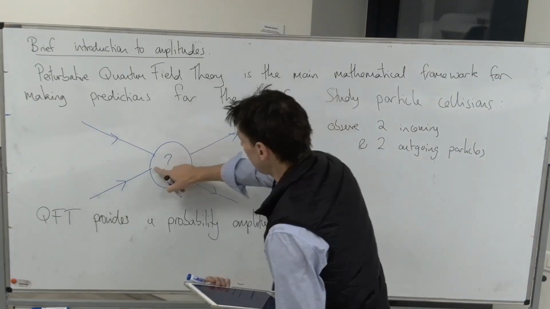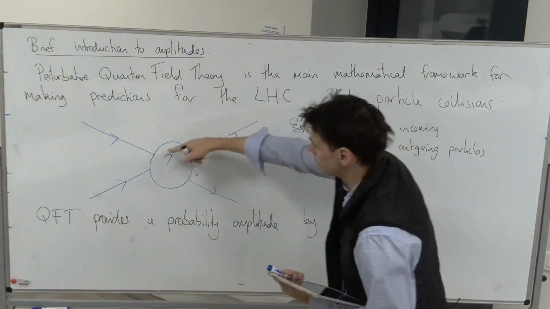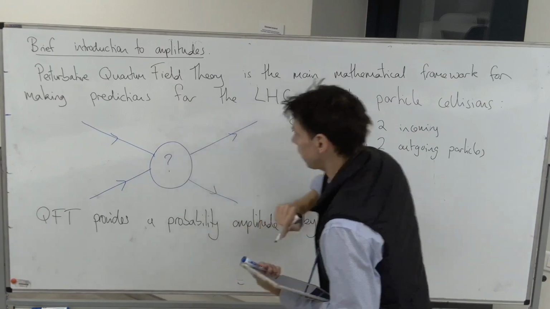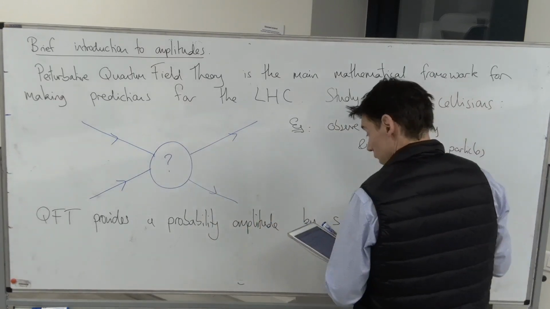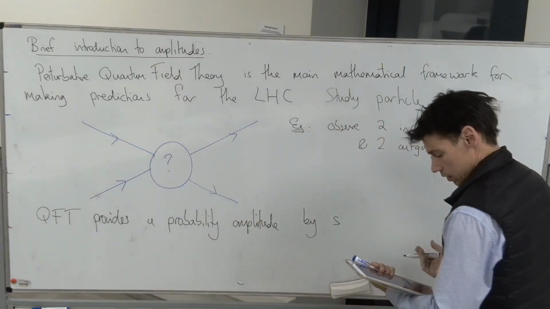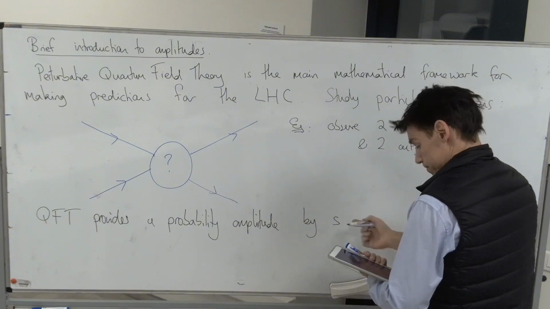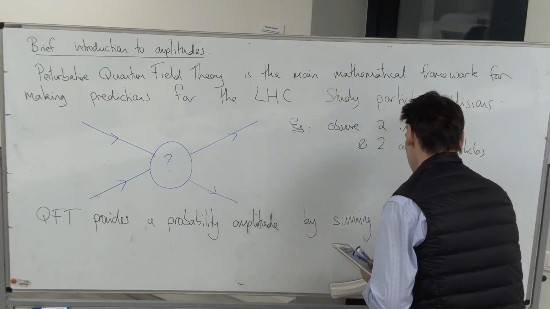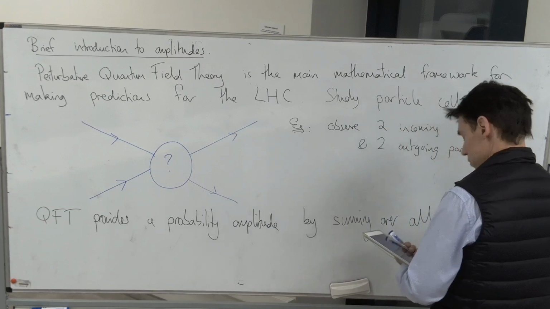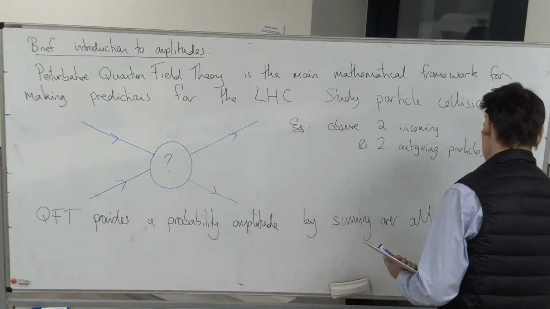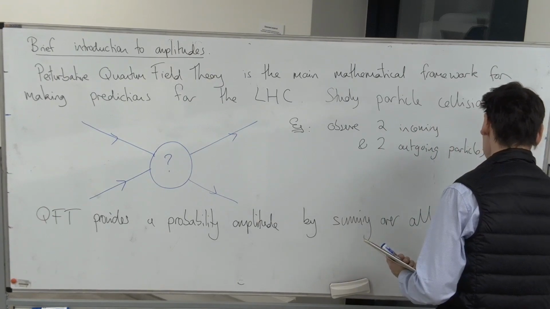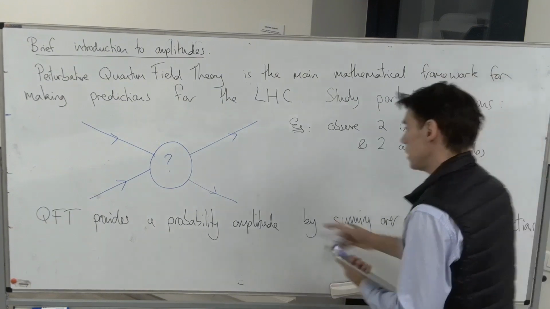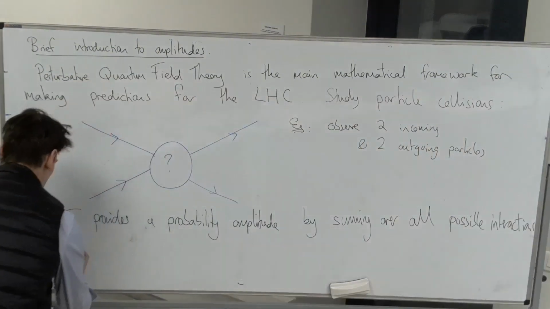So what you do is, quantum mechanics says that everything that could happen inside this mysterious bubble will happen with some probability. So we sum over all possible interactions. And each possible interaction is encoded by a Feynman diagram.